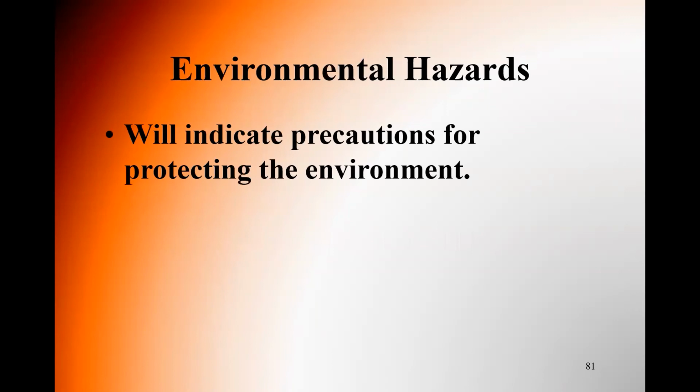Environmental hazards. So will they cause an endangerment to the environment? If so, what type of danger do they pose? And what do we need to do to offset that, to ensure it doesn't happen?